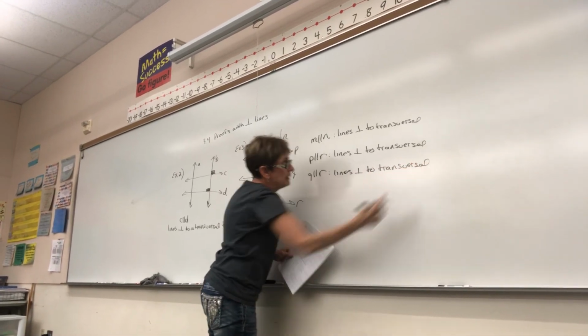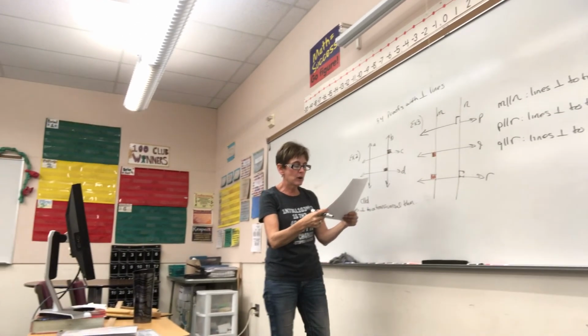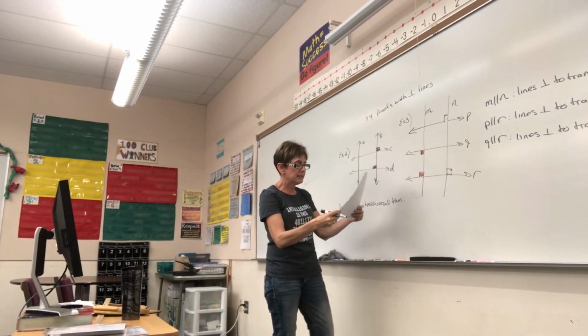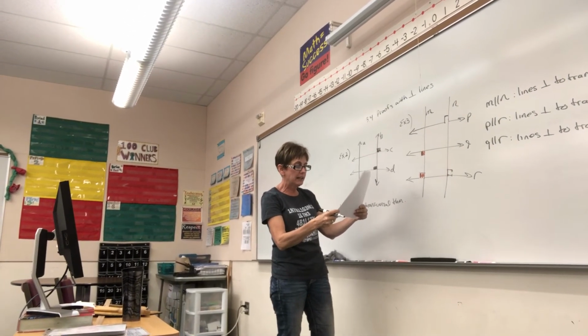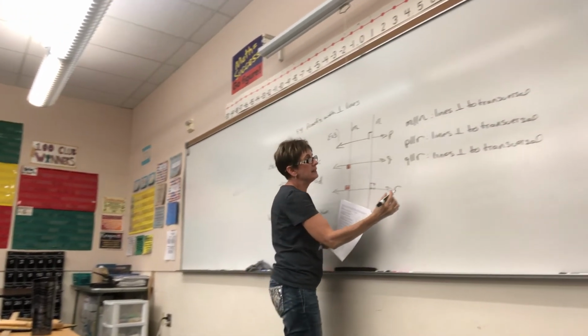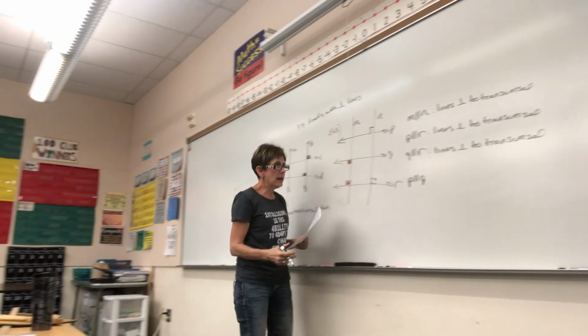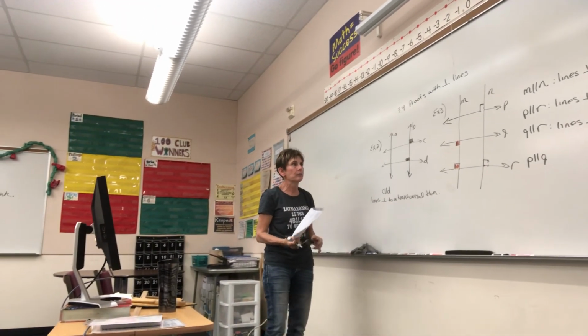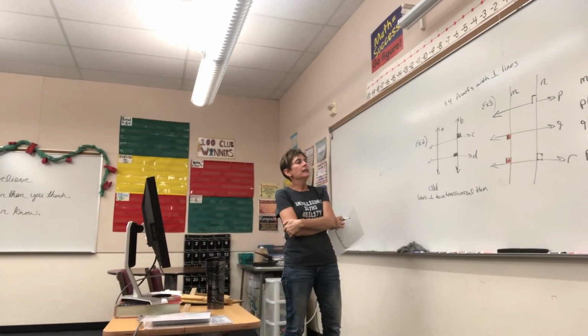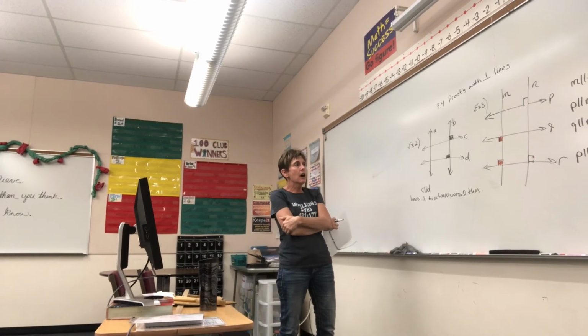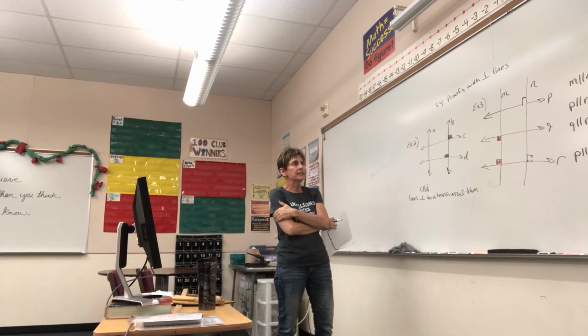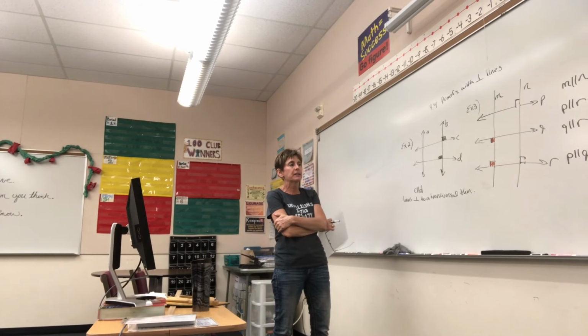Now, can anybody see, based on this pattern here, one more pair? I'm going to tell you what it is and see if you can figure out why. Why is P parallel to Q? Now, P and Q are not perpendicular to the same transversal, so it's not the reason that we just used.